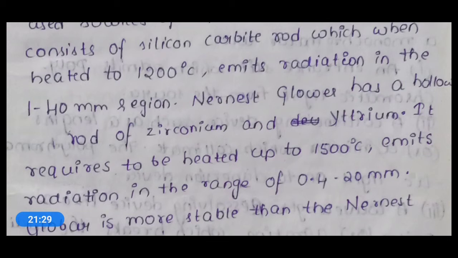And the next one is the Nernst glower, in which zirconium or yttrium will be present, and this should be heated at 1500 degrees centigrade, and by heating at 1500 degrees centigrade, it will emit radiation at 0.4 to 20 nanometers.